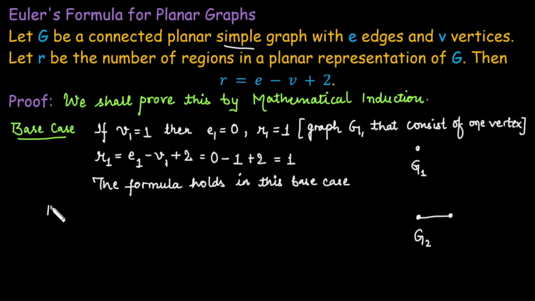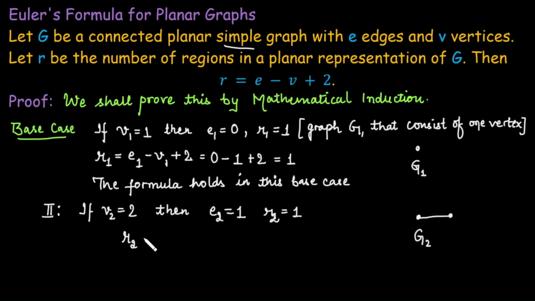So the second sub case we have taken is: if the number of vertices is 2, then the number of edges in that graph is equal to 1 under this condition, and the number of regions is the entire plane, so that is 1. Let's check whether this formula is true for this case or not.